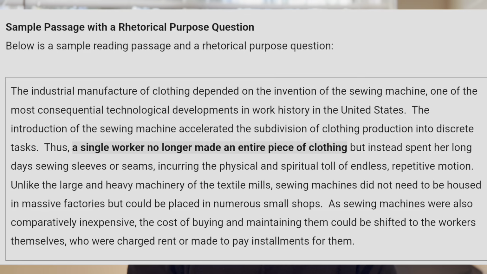Sometimes you have to read the whole passage, but that's really rare. So let's take the answers. The first option is to explain why the individual worker wanted to run and maintain. If you study the first sentence, the introduction of sewing machines accelerated the subdivision of clothing production, so it multiplied and productivity increased.